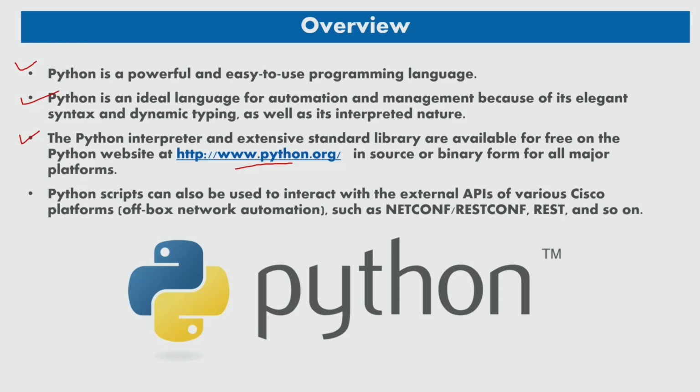For example, you can use the device to run a single CLI command or a batch of CLI commands. Python scripts can also be used to interact with external APIs of various Cisco platforms such as NETCONF, RESTCONF, and REST, and so on. For example, you can also use a Cisco Python script to retrieve data from a Cisco APIC-EM via REST API.